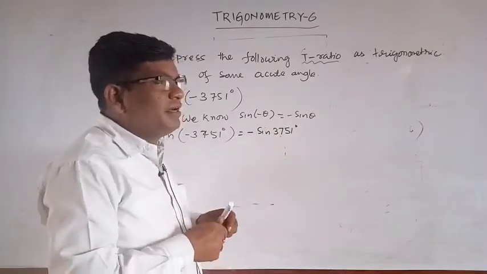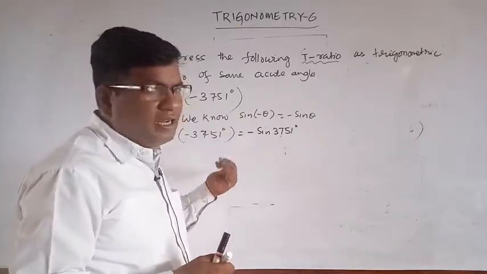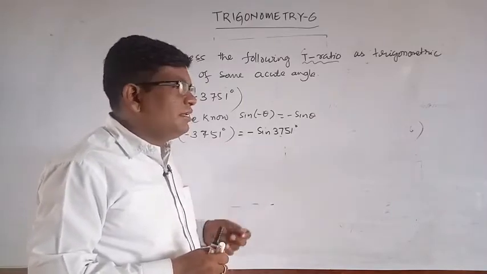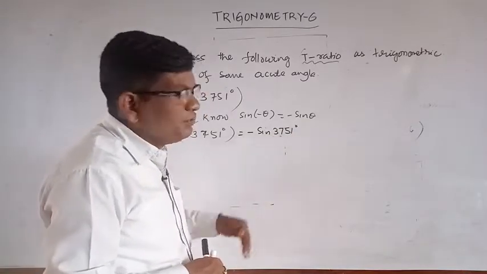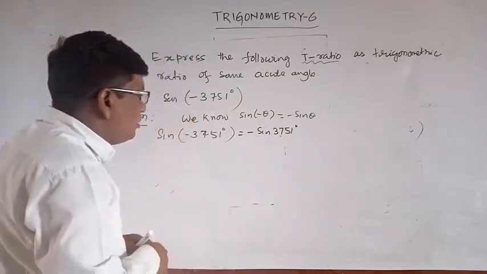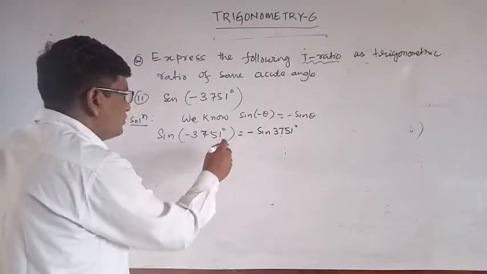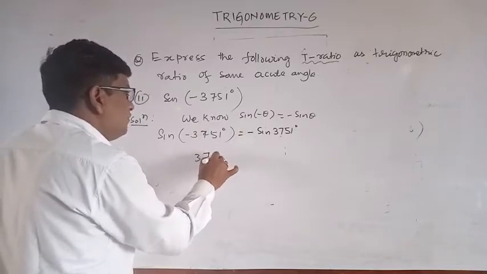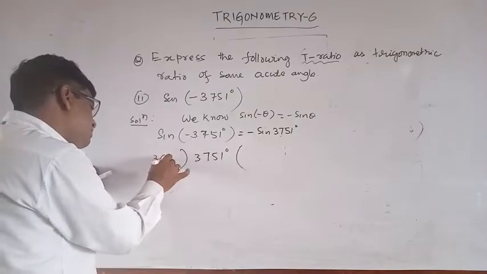The first problem was divided by 90 degree. This process is learned. Now let's learn how it works if the amount is divided by 360. Suppose we divide 3751 degree by 360 degree.